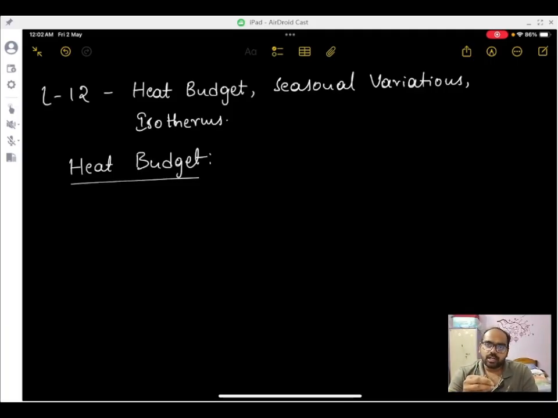And also we have learned about factors responsible for the distribution of temperature. What are the different factors responsible? That is altitude, and also latitudinal variations and all. And we have also learned about how heating and cooling of atmosphere happens. That is through conduction and convection.